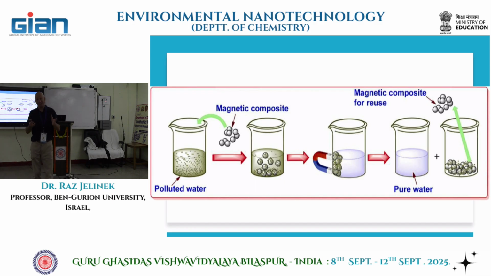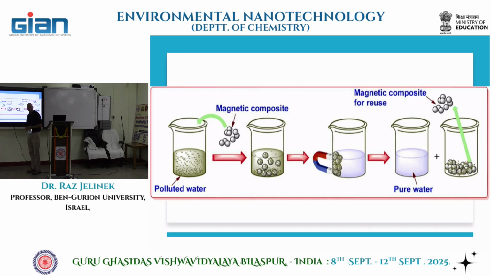Now the question is, okay, so we have water, we have pollutants absorbed on the magnetic nanoparticles. Now the question you can ask is, okay, but now we have to clean not only the pollutants but also the magnetic nanoparticles. How will you do that? This is why we have the magnet.